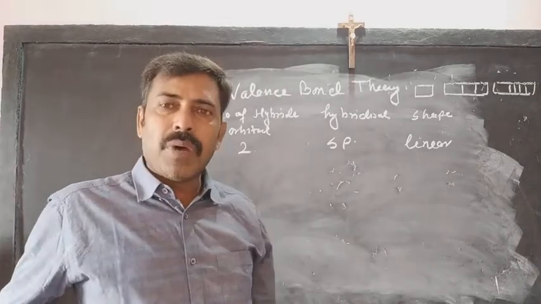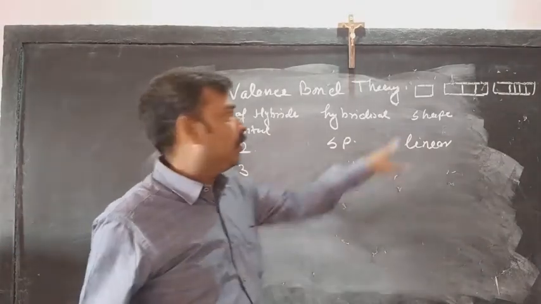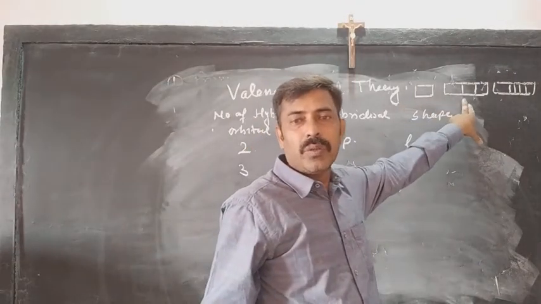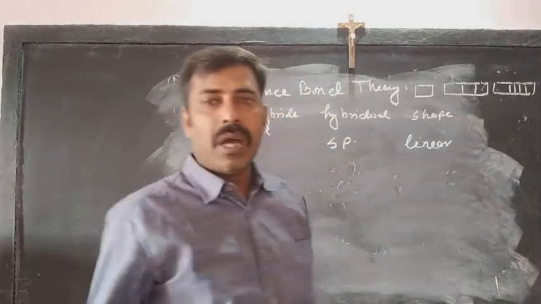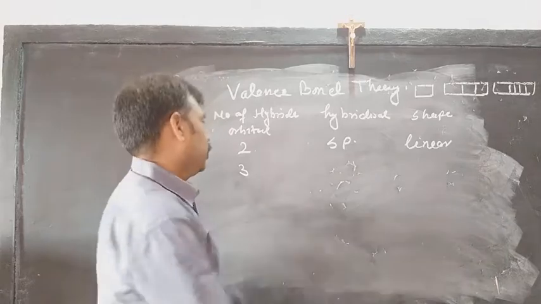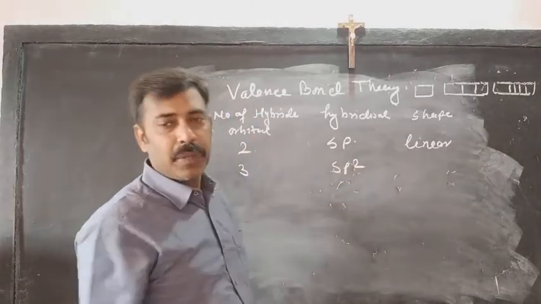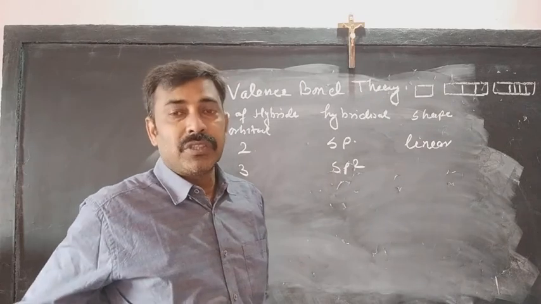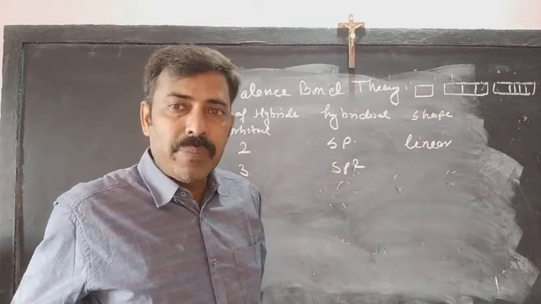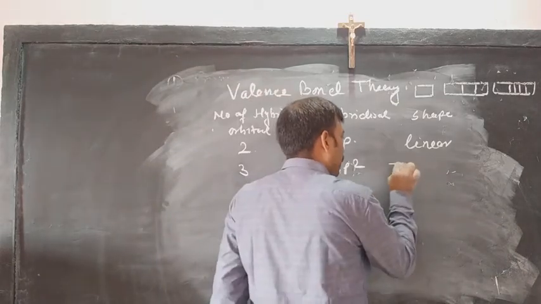But if the number of hybrid orbitals is 3, then what will be the hybridization? 1s will hybridize with 2p. Then the hybridization will be sp2. And what will be the shape here? This time the shape will be similar to that of the AB3 type of compound, that is the trigonal planar.